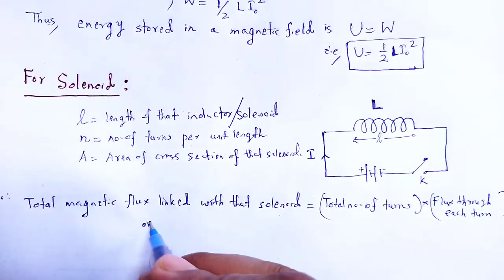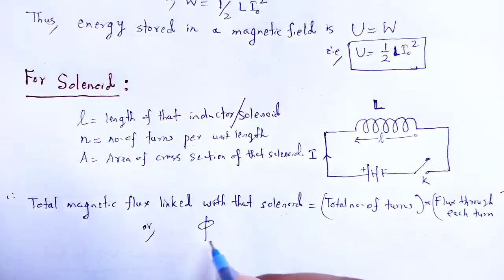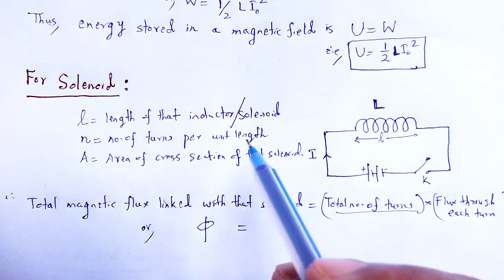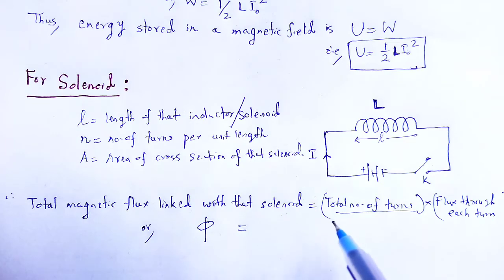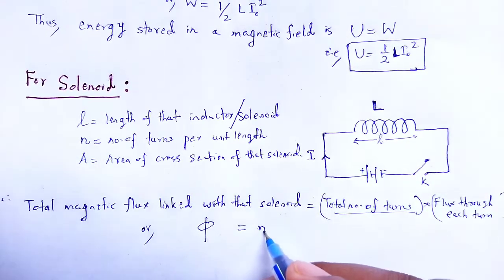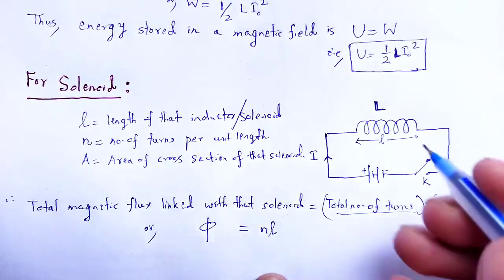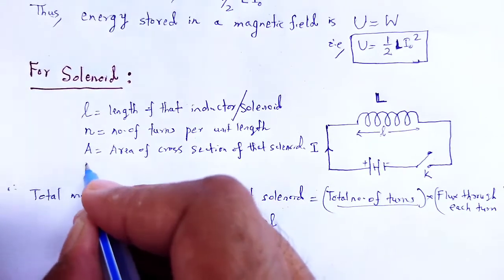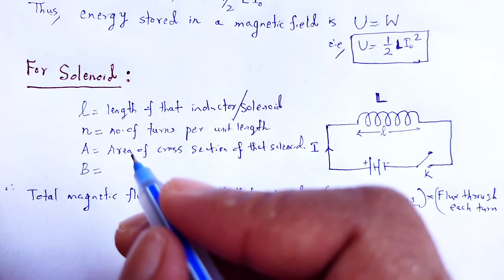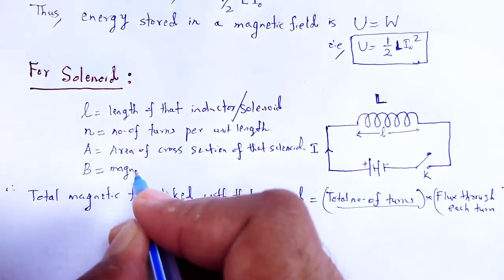Let the total flux linked with the solenoid be phi. Here n is the number of turns per unit length and L is the total length, so the total number of turns is nL. Now for the flux through each turn, let B be the magnetic field inside that long solenoid.